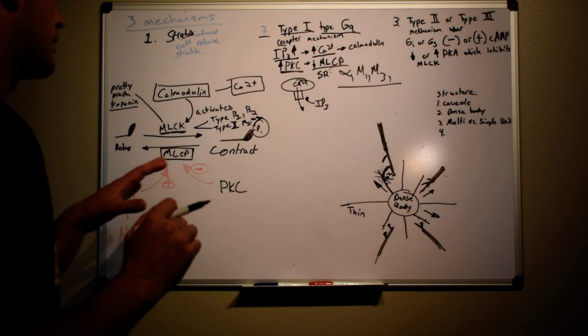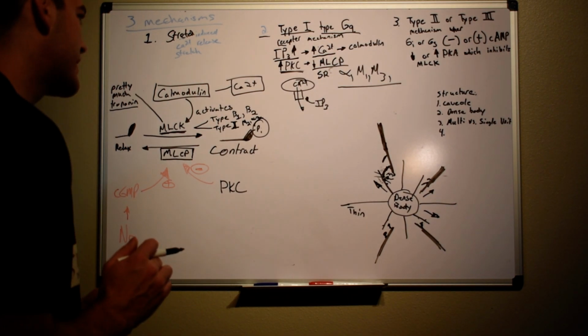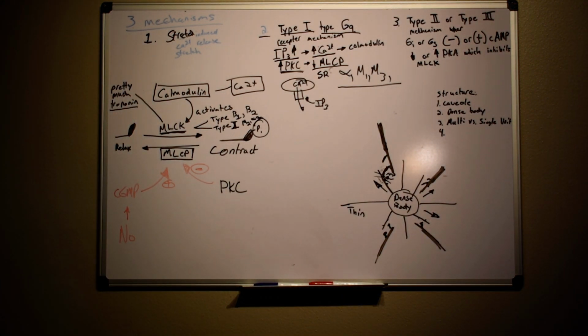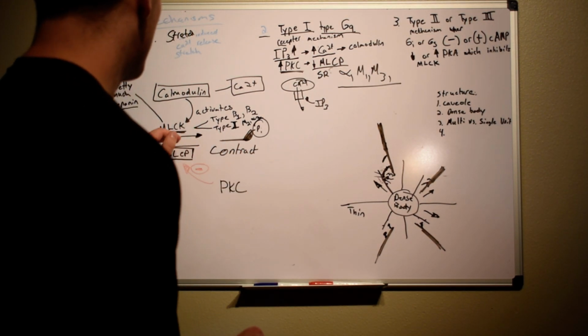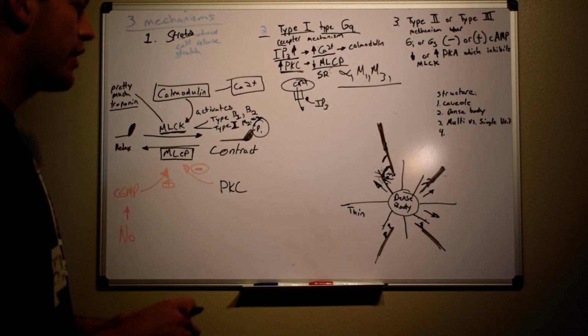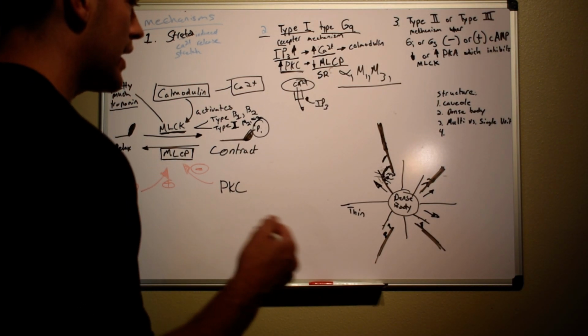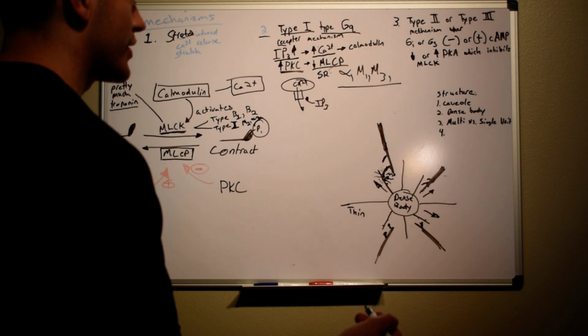So these aren't used as much, the type 2 isn't used as much, but you can see that we're going to be able to regulate our phosphorylation of this myosin light chain kinase and be able to inhibit or induce smooth muscle contraction.